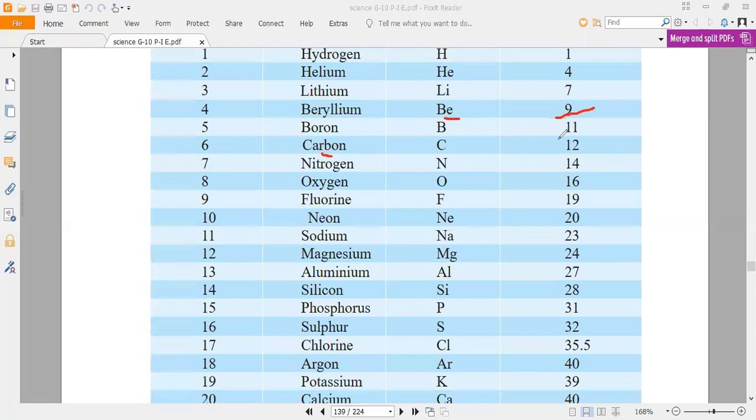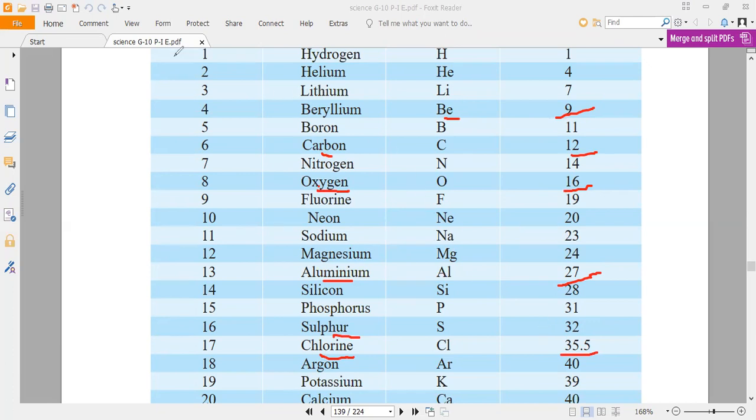For carbon, you will get 12. For oxygen, approximately 16. For aluminium, approximately 27. For sulfur, you will get 32. And for chlorine, you will get 35.5.